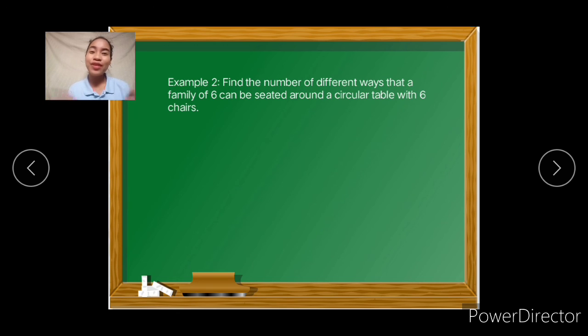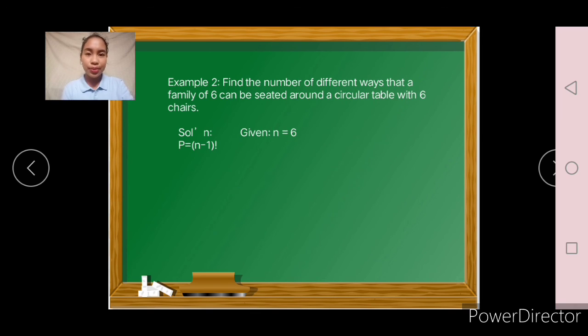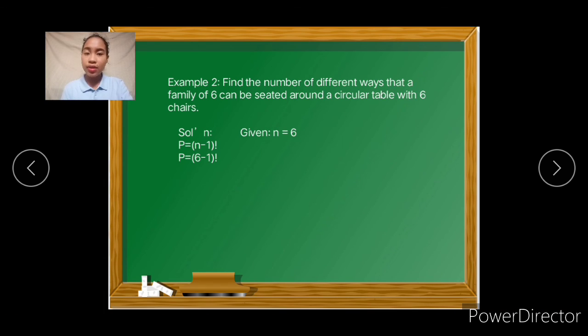Okay, so let's have another example. Find the number of different ways that a family of 6 can be seated around a circular table with 6 chairs. So the given is 6. So permutation is equal to n minus 1 factorial. Substitute the value of our n to our formula.